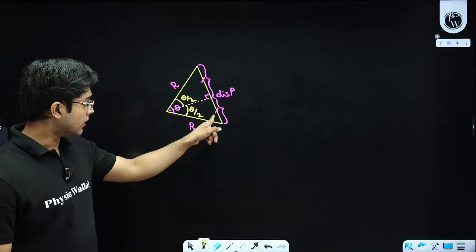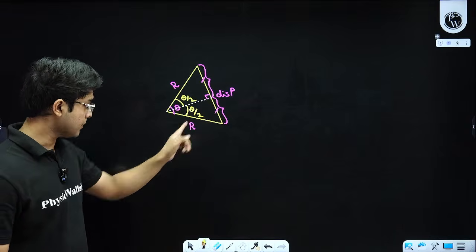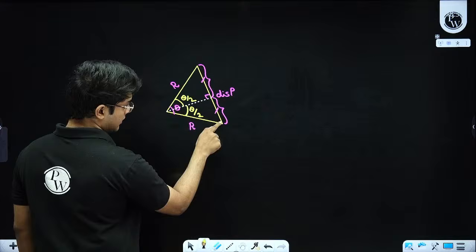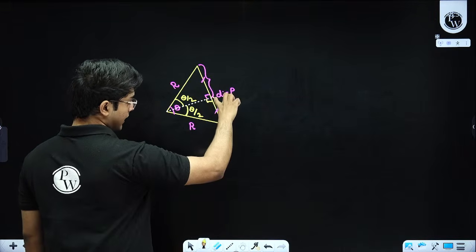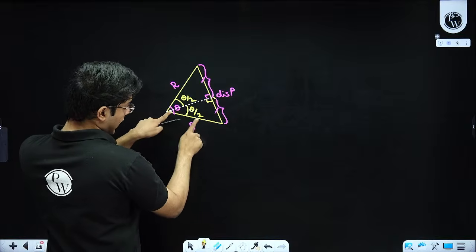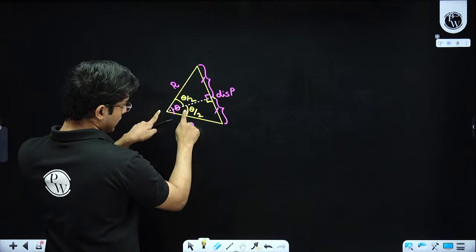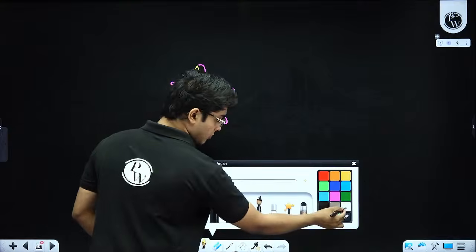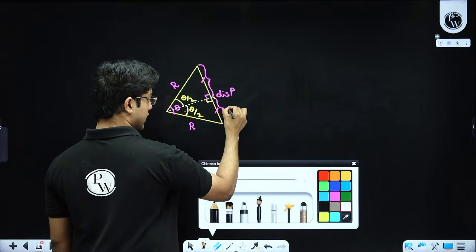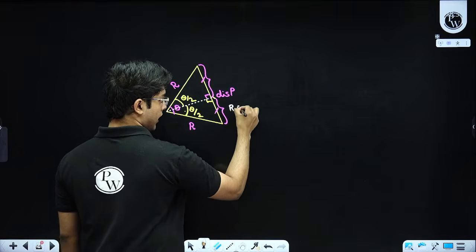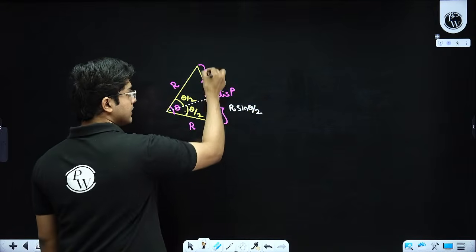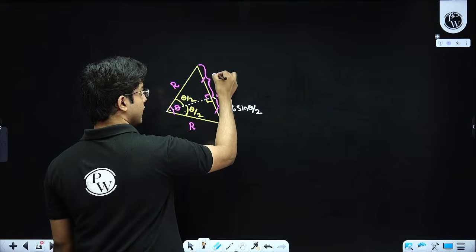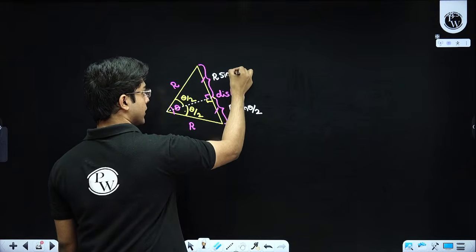Now in this right triangle that you are seeing, the one with this r as the hypotenuse, I can write down this length easily, okay. So if this r is the hypotenuse and this angle is theta by 2, remember from last class, the opposite side we can write as r sine theta by 2, and this length once again we can write as r sine theta by 2.